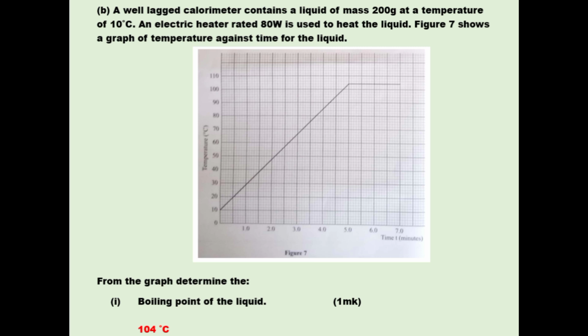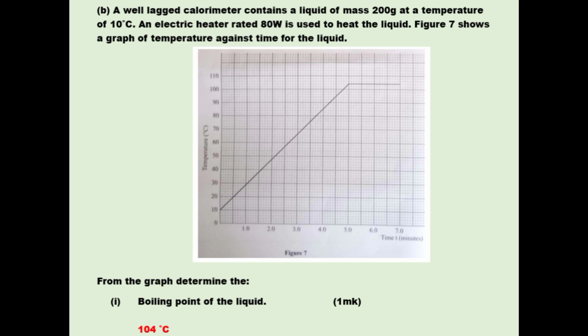An electric heater of 8 watt is used to heat the liquid. Figure 7 shows a graph of temperature against time for the liquid. From the graph, determine the boiling point of the liquid.